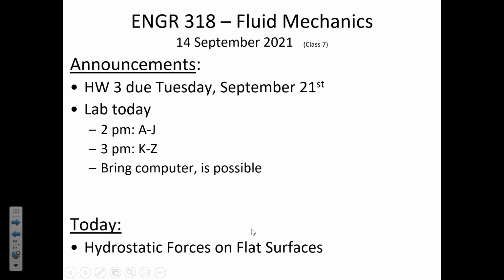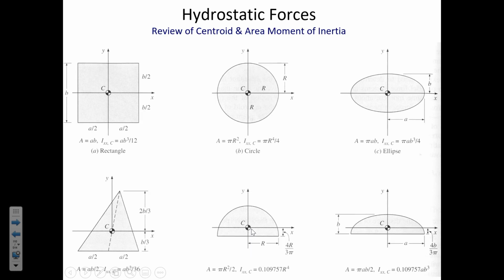Okay, here's an illustration of what you're going to need when we start substituting in the area moment of inertia into these calculations with hydrostatic forces. And it's the area moment of inertia about the horizontal axis that you have to know for a certain shape in order to find the location of a submerged hydrostatic force.